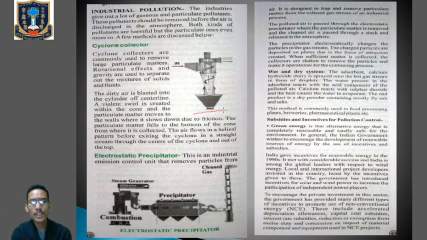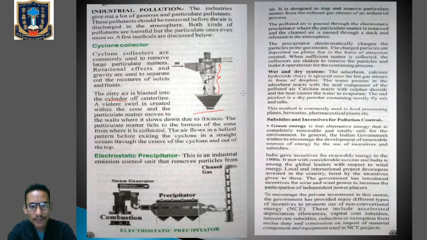Rotational effects and gravity are used to separate out mixtures of solids and fluids. Before going into the working principle, let us see the diagram of the cyclone collector. It is mainly composed of a cylinder. This structure is called the cylinder.